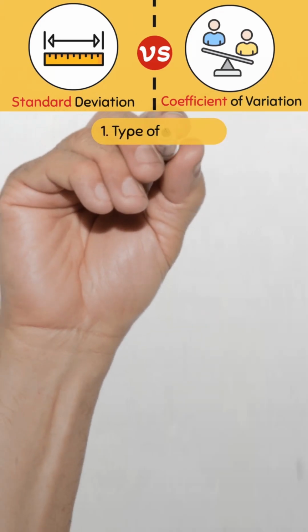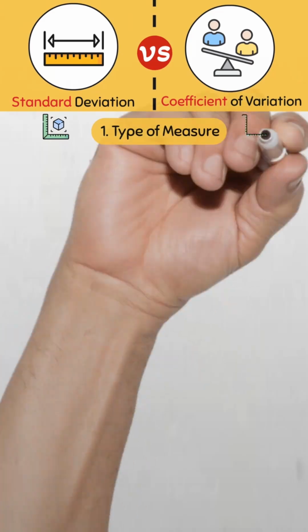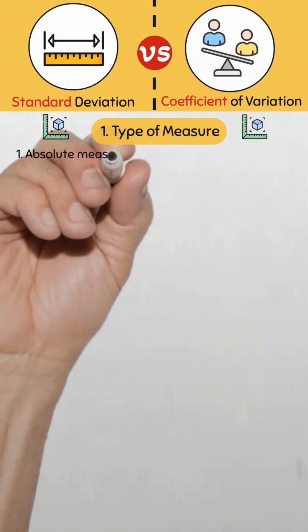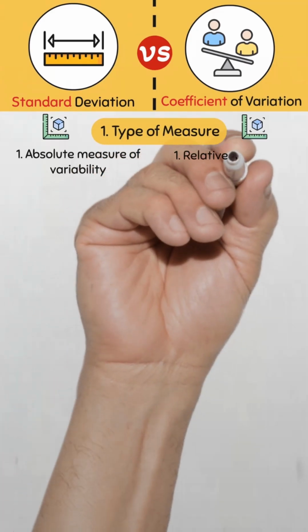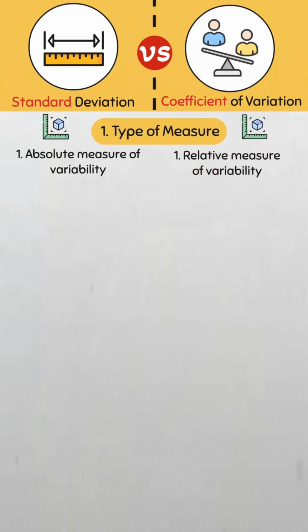Difference number one, type of measure. Standard deviation is an absolute measure of variability. That means it tells you in the same unit as your data how much values typically differ from the average. Coefficient of variation, or CV, on the other hand, is a relative measure. It tells you how big the standard deviation is compared to the mean, and it's usually expressed as a percentage.